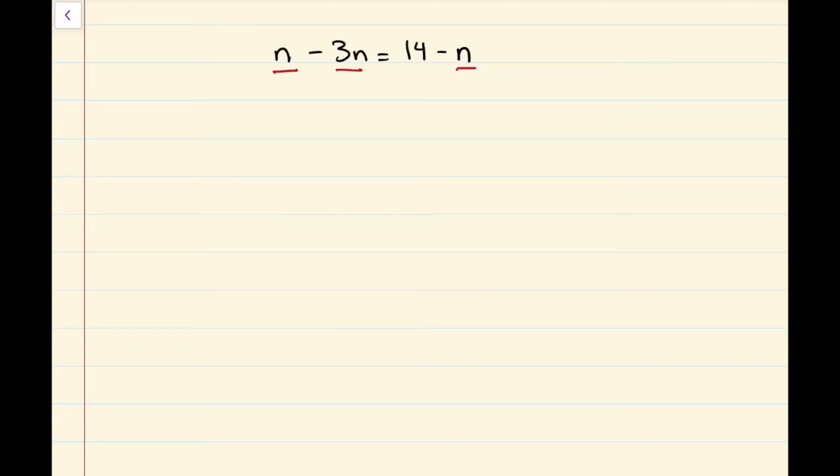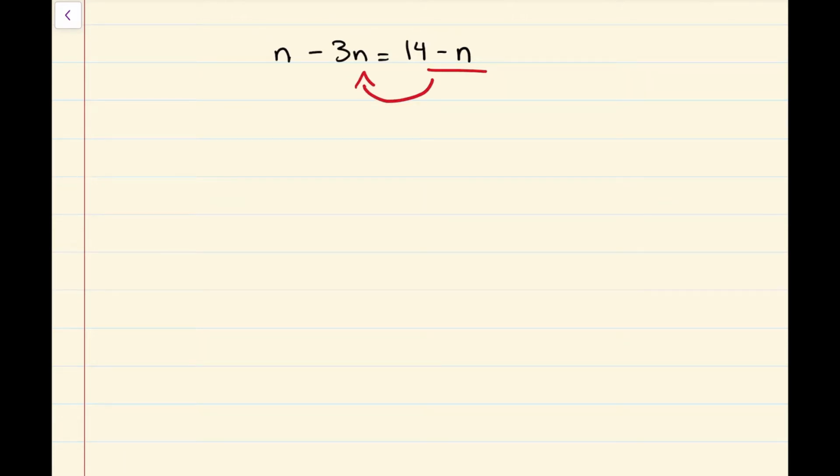And we want to get rid of the n on one side of the equal sign because we want this by itself and we want the n's by themselves. Okay? So let's get that started. We're going to carry over this -n on this side of the equal sign.